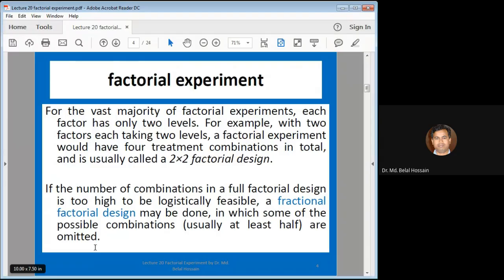For example, your factory and you have some treatment settings in say a cyclone prone area. So in a cyclone you got damaged all those settings, so you will not get any data from that experiment. Okay, so you have to do then fractional factorial design.